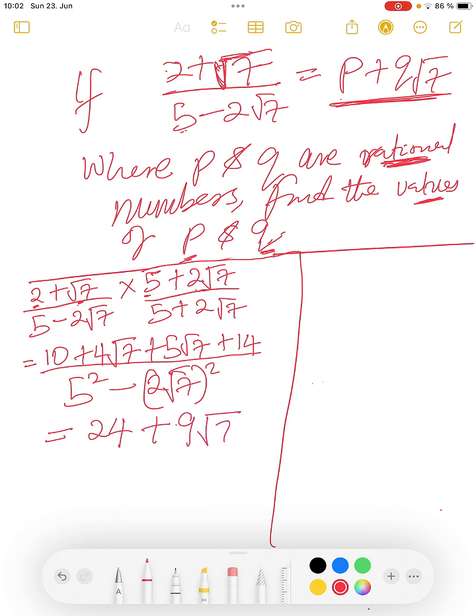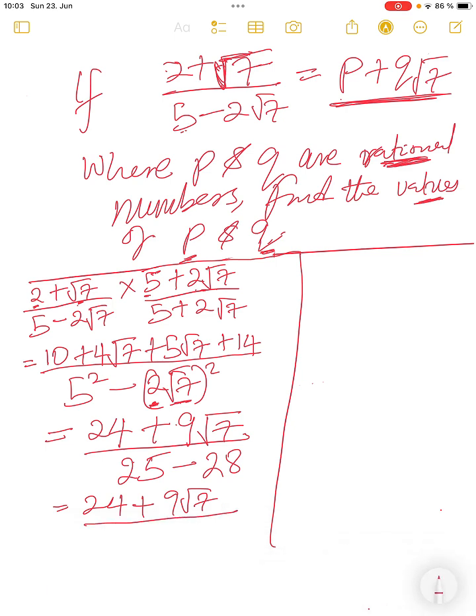This is the same thing as 9 root 7, divided by 5 squared is 25, minus 2 root 7 squared. 2 squared is 4, then root 7 squared is 7. 4 times 7 is 28. So you have 24 plus 9 root 7 divided by 25 minus 28 is minus 3.